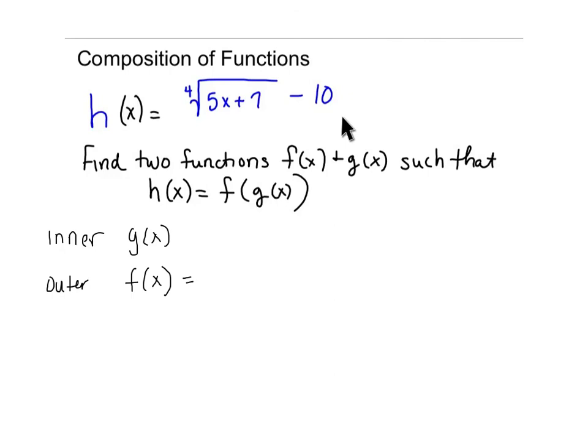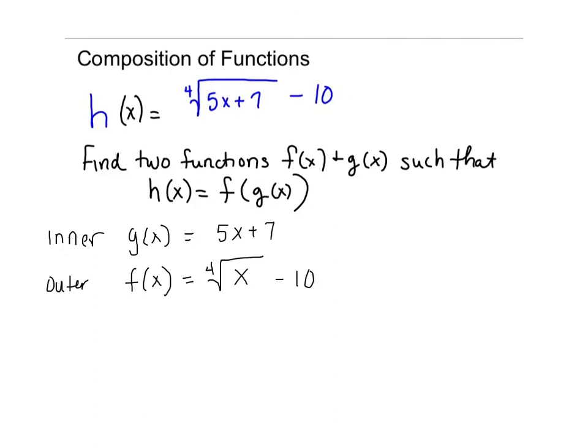So that's going to be your outer function. The inside function is going to be the 5x plus 7. So in order to do the composition function of h, you're going to put the inner into the variable of the outer. Well, right now, outer doesn't have a variable. So we give it an x and then we're done.